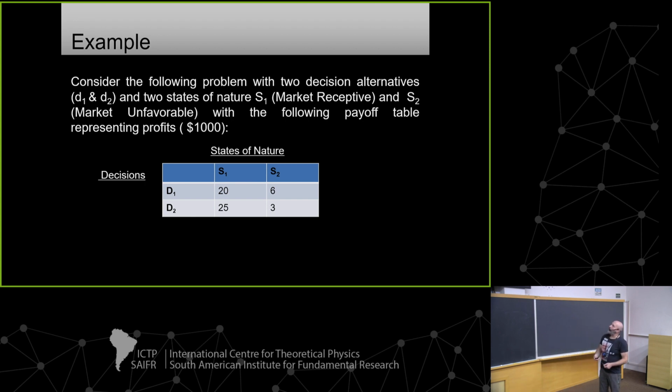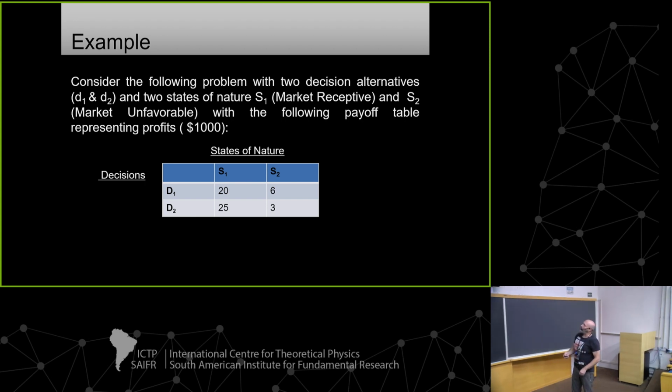So I will give you an example. Suppose that these are the states and these are the decisions. So I have two decisions and two possible states. If the future state is S1, if I choose D1, I will get 20.